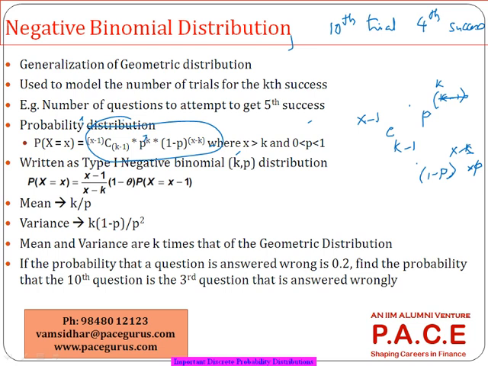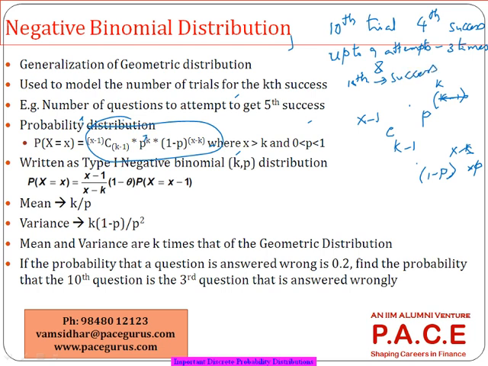I am saying my 10th trial should be my 4th success, which means it's as good as saying there are 2 points in it. Up to 9 trials, 9 attempts, I would have been successful 3 times, right? And the 10th is a success.